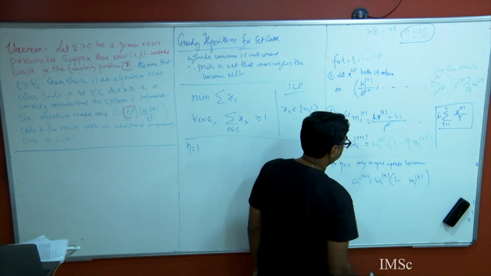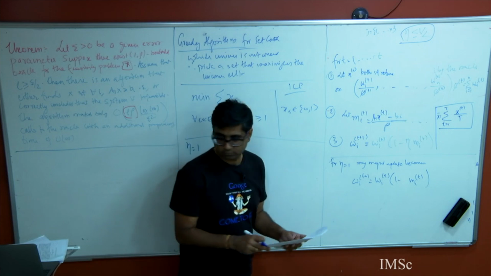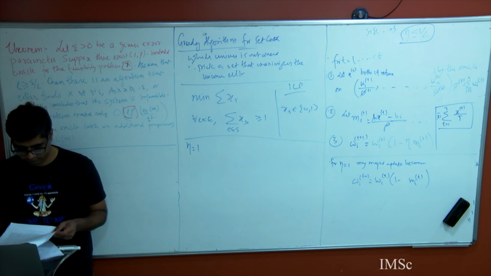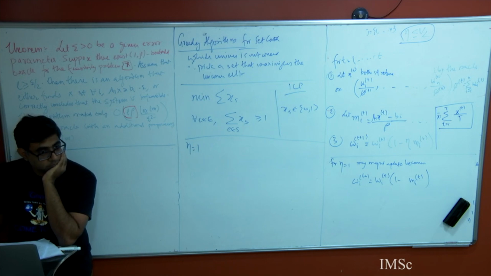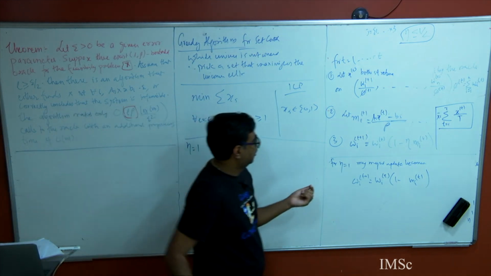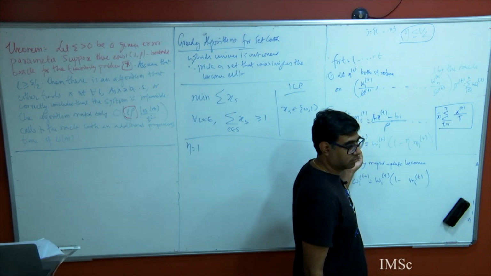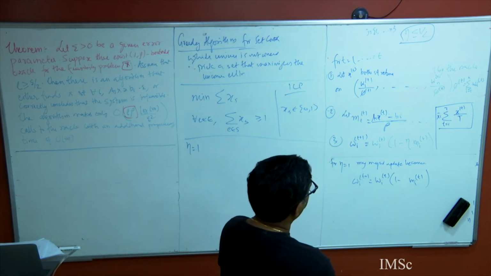Right? This is what happens. Rho is my... initially weights are 1. What will I pick in the first round?